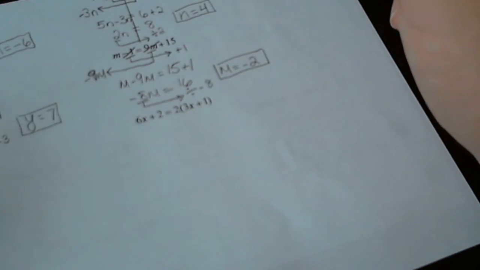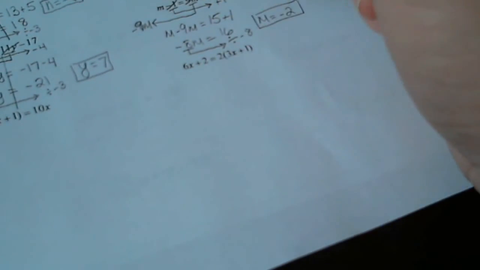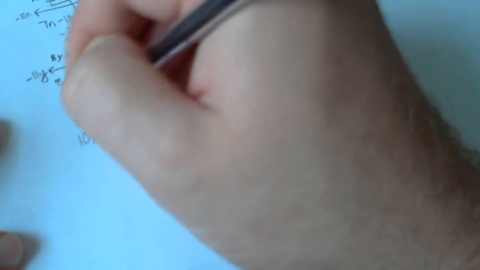Okay. Now, yesterday, or I guess in the previous lesson, we learned about equations that have parentheses. And the way we get rid of the parentheses is using the distributive property. So let's do that first. So 5 times 2x, we have 10x plus 5 times 1, which is 5.